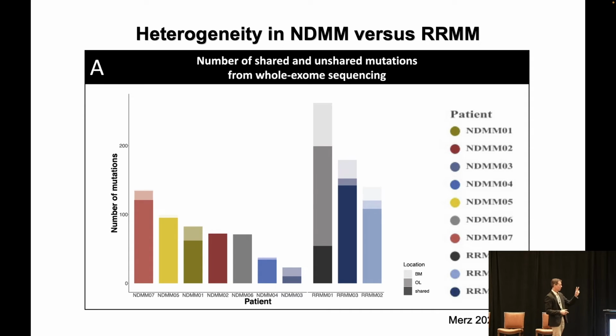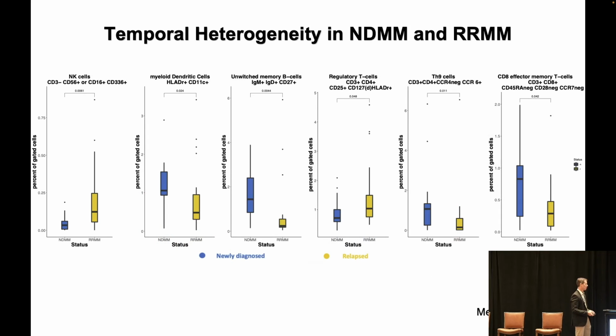So you see at relapse, when the disease comes back, there are fewer shared mutations. So this spreading out of different clones developing over time seems to be real and seems to be also happening in multiple myeloma. But we could not explain everything. At first diagnosis, it looked very, very similar. There were certain unshared mutations, so there was a little bit of diversity, but not that much.